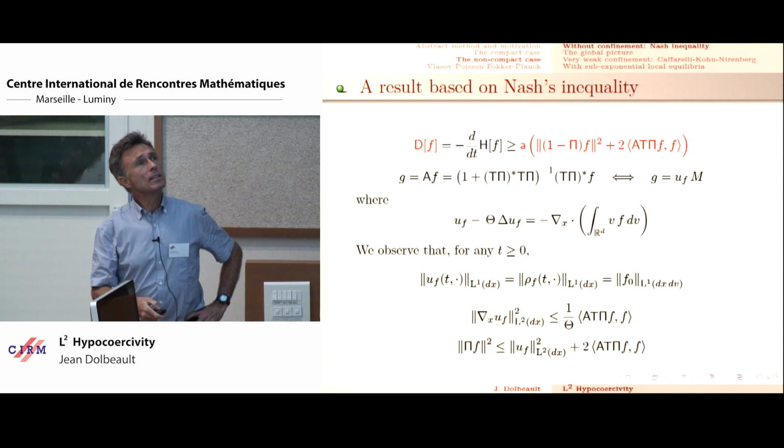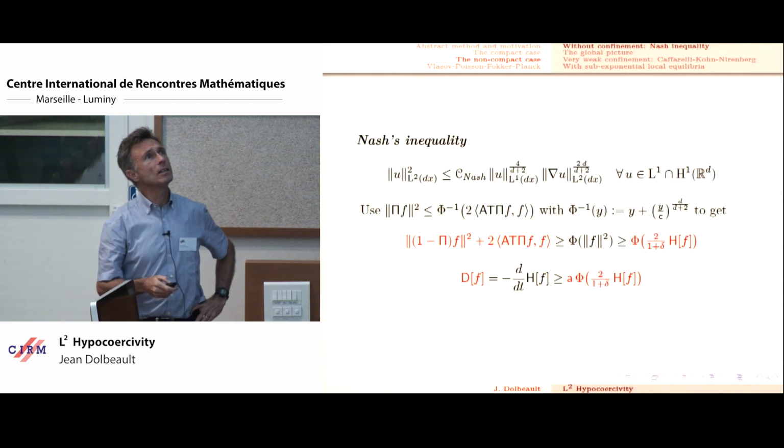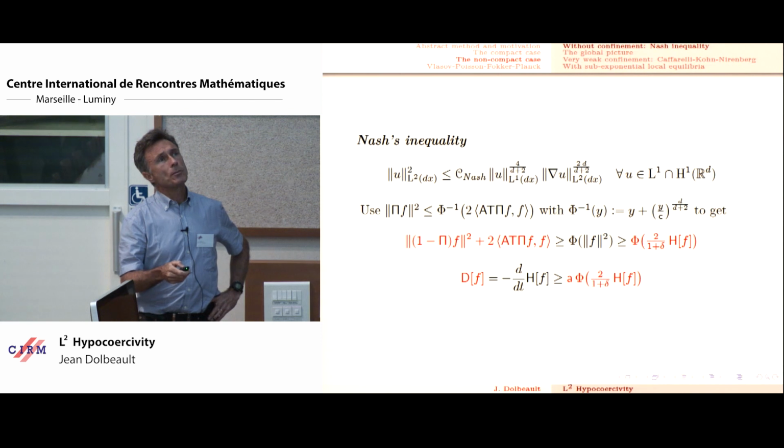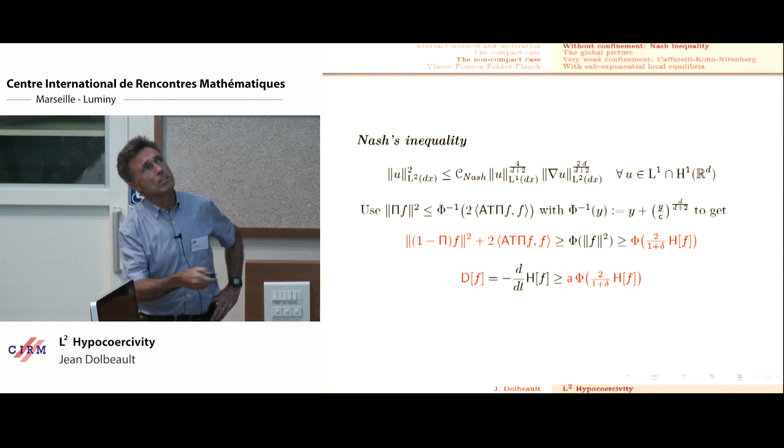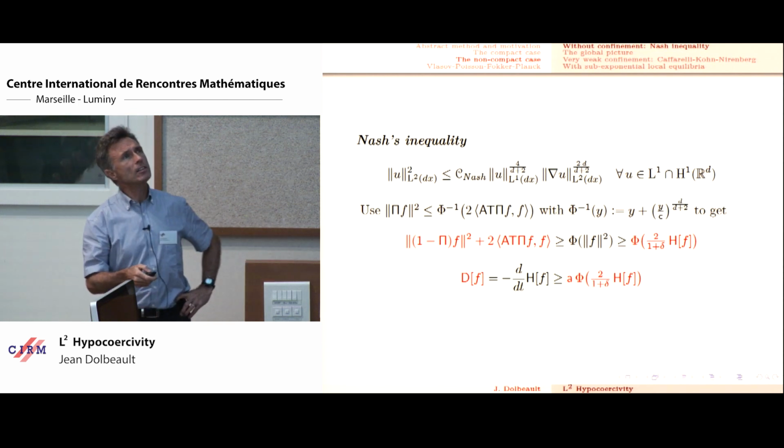And, well, the answer to what you can control by the right-hand side here, by the entropy production term, is given by the Nash inequality. So you can combine the term which comes from ATPF, which is here, with the L1 norm, which is actually conserved. It was in the previous slide, sorry, I didn't mention it.